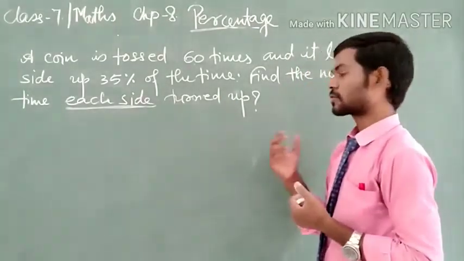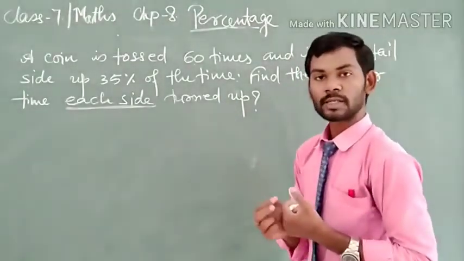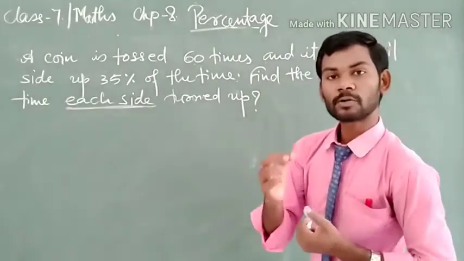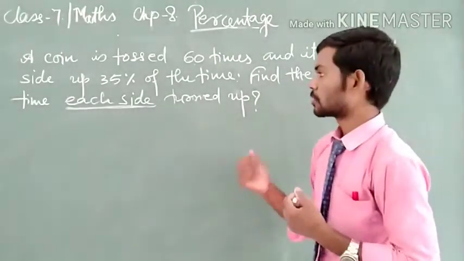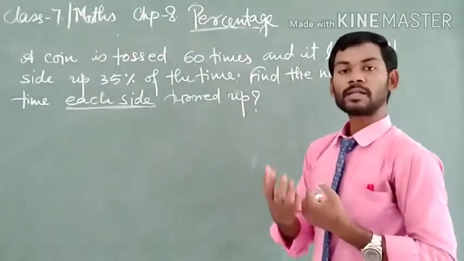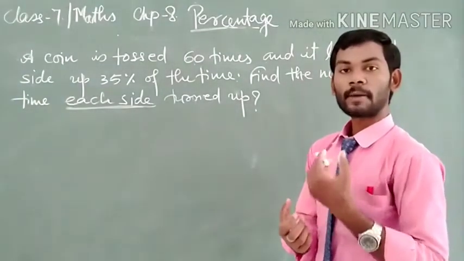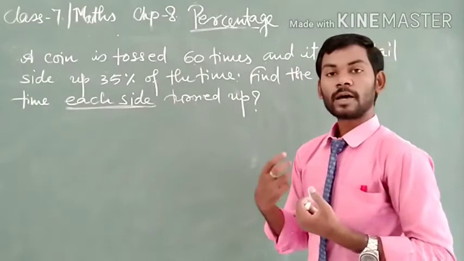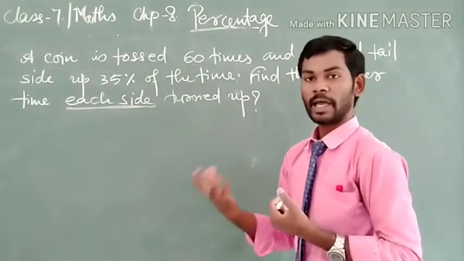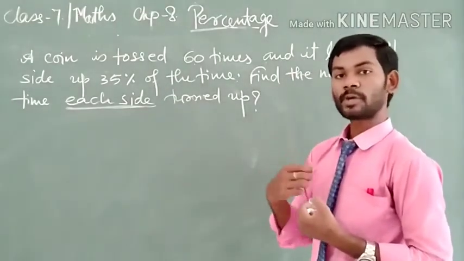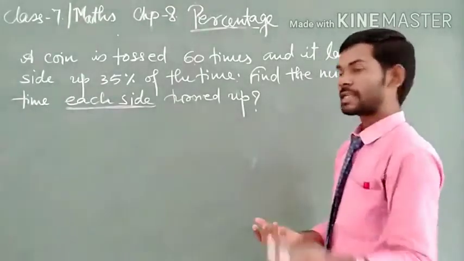So the question is so easy. Just try to understand the feeling of the question. Here we have to find the number of head outcomes as well as the number of tail outcomes. So let's start.